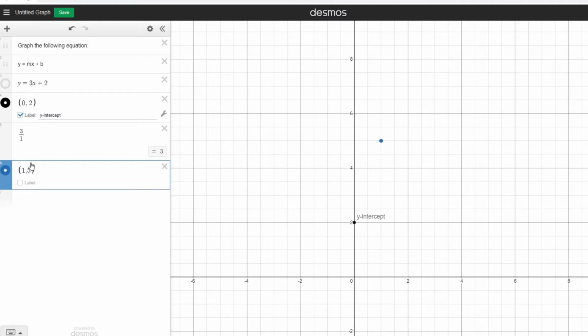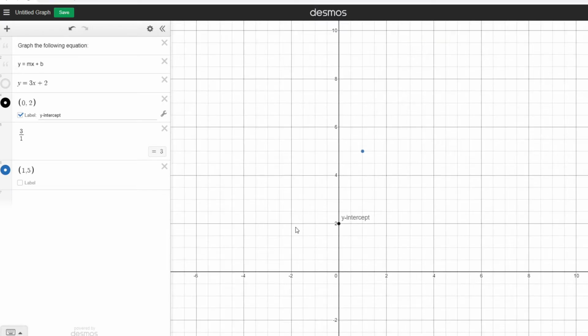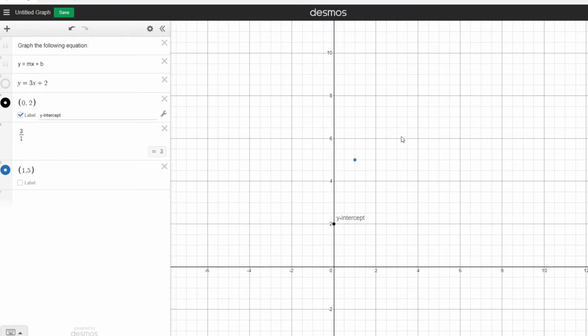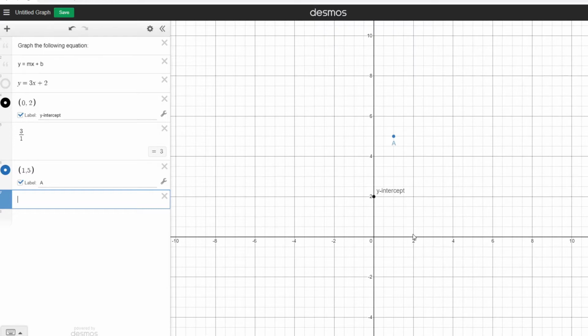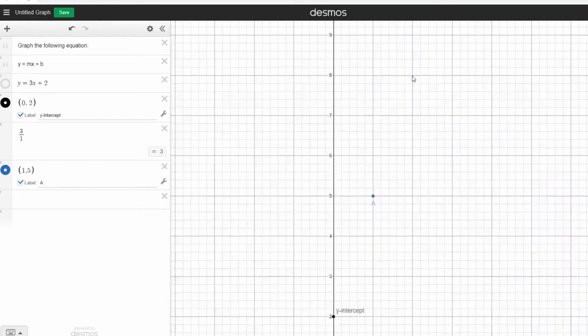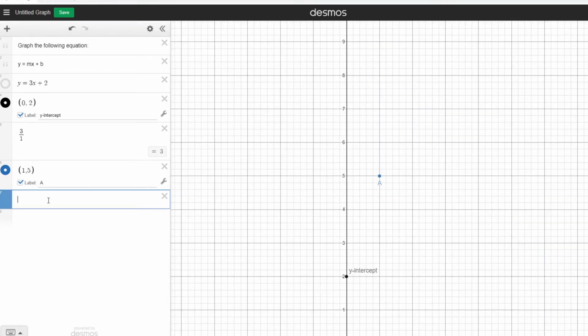So let's plot that. And we can also plot another one. This is point A. You can also plot 2, and we have 5 here, so we could do (2, 8).